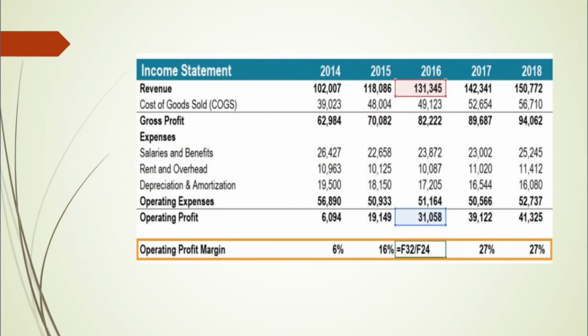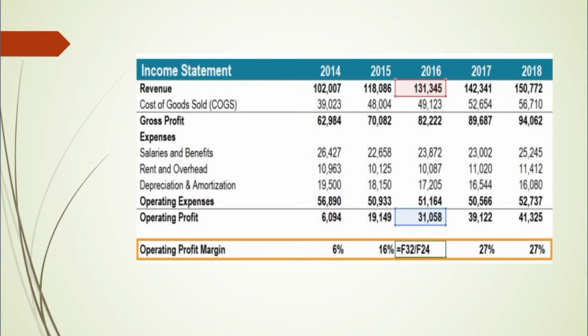This is another example of operating profit margin. Income statement for 2014, 2015, 2016, 2017, and 2018. The revenue of 2014 is 102,007 pesos.